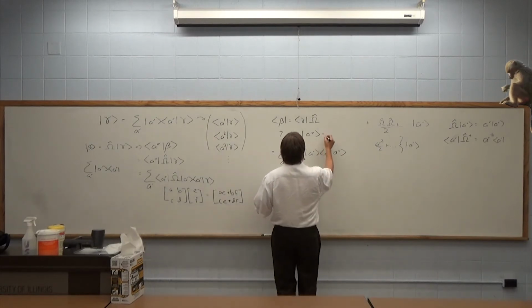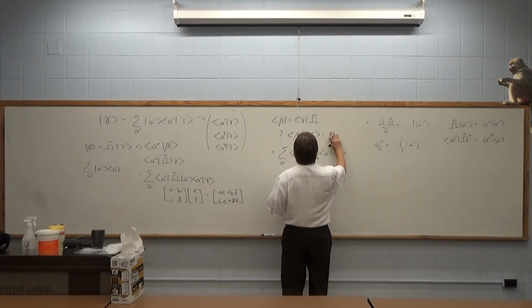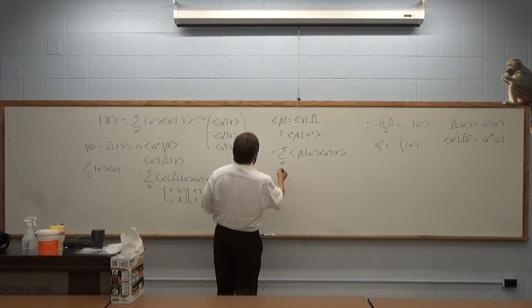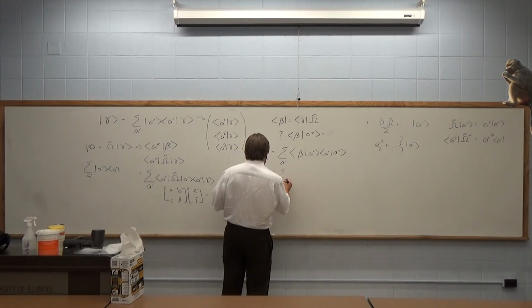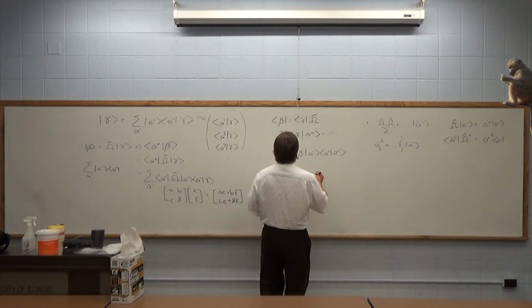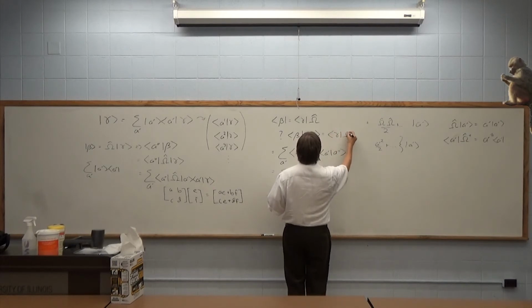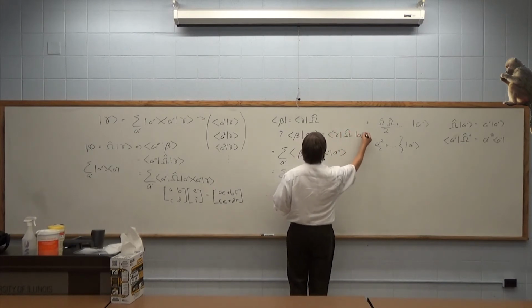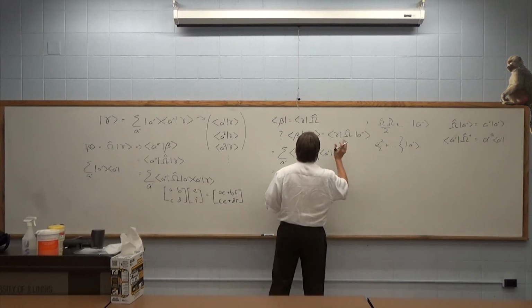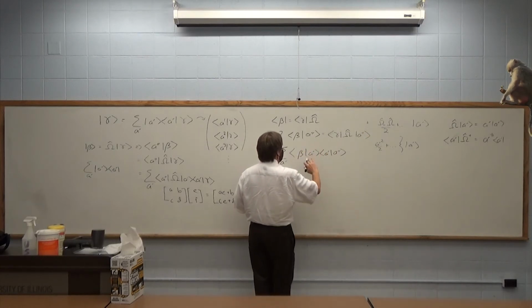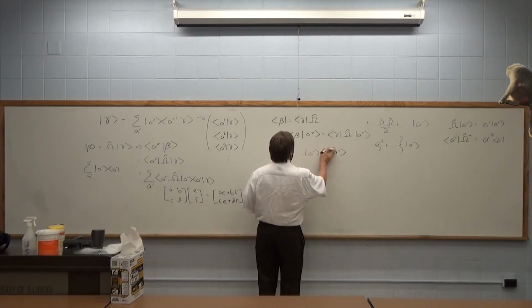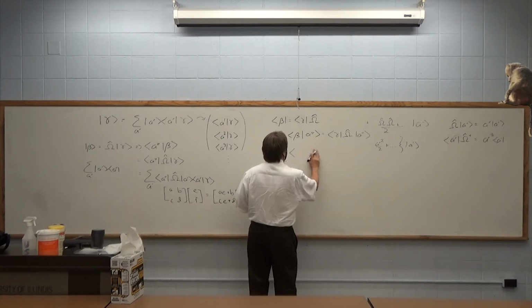How do I want to do this? No, I can work with this. No, I'm sorry, I screwed up. What did I do wrong? Yeah, I messed up. I did exactly what I told you not to do before. Sorry about that. I was rushing.